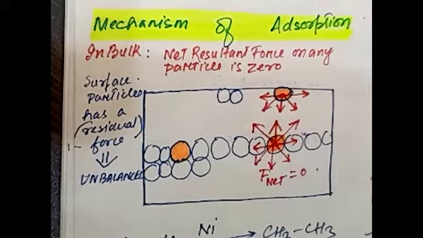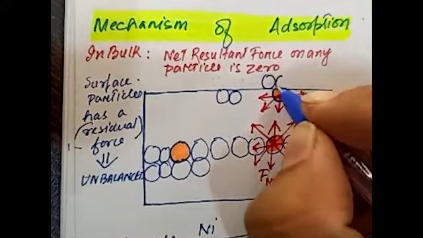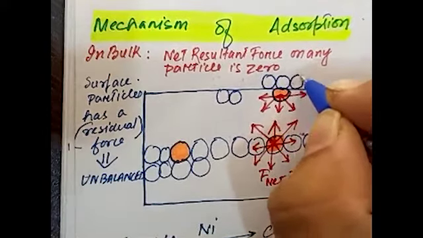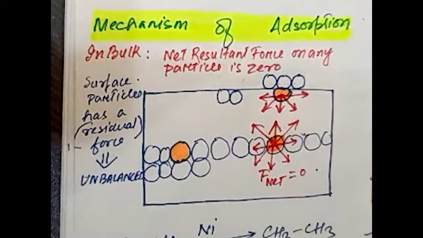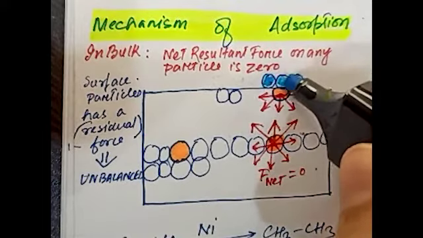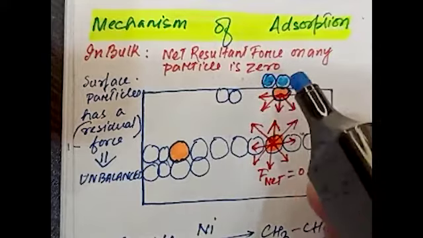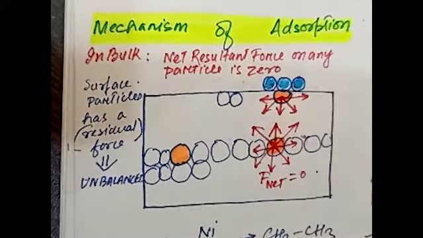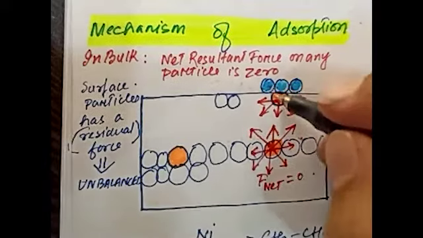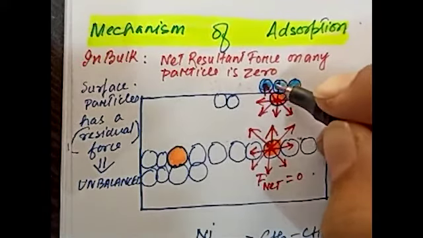So what happens if a particle from outside comes and gets stuck here? Suppose there are 3 particles coming from outside, maybe gas. They come and get stuck on the surface. As soon as they get stuck, the forces which were residual forces will start to come into balance.